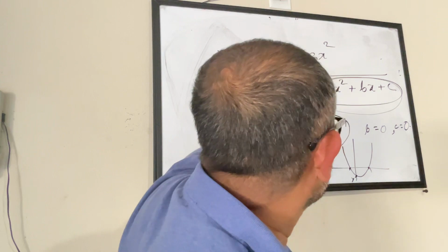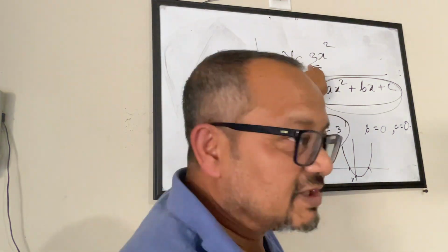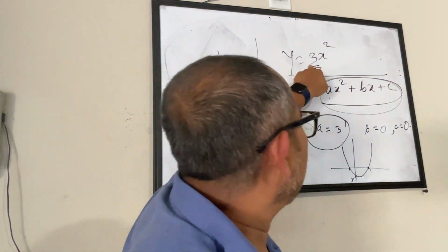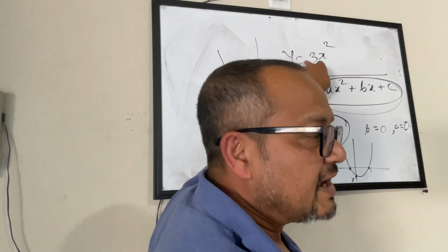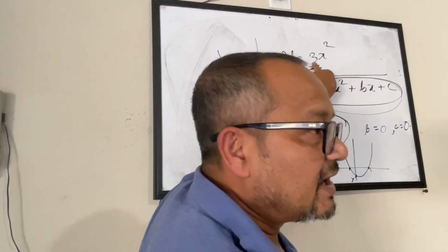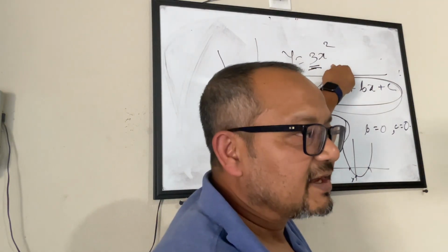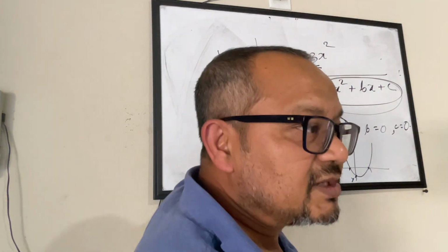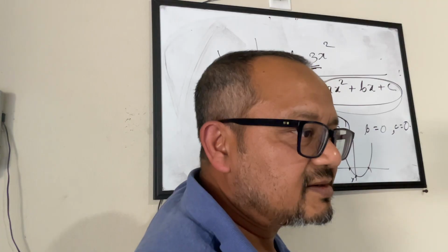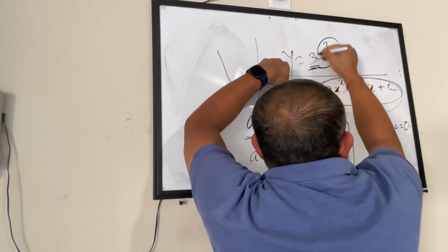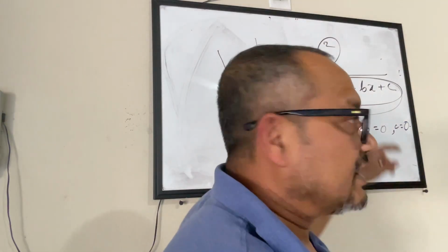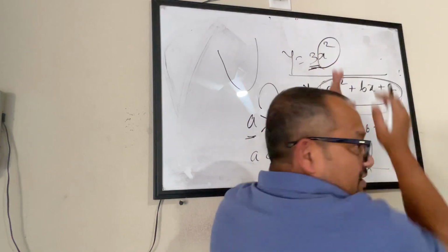Now, look at this. When a is positive, what does it mean? By increasing x, if a is positive, right? By increasing x, my y is increasing. Because regardless of whether x is positive or negative, this part will be positive always.